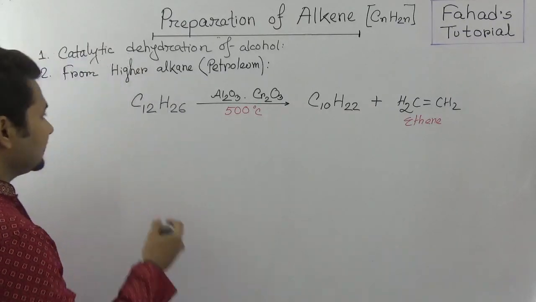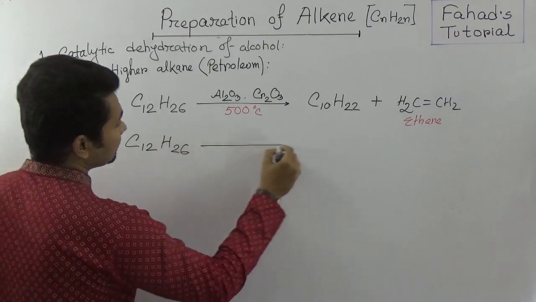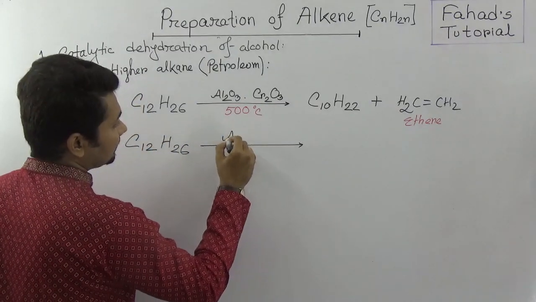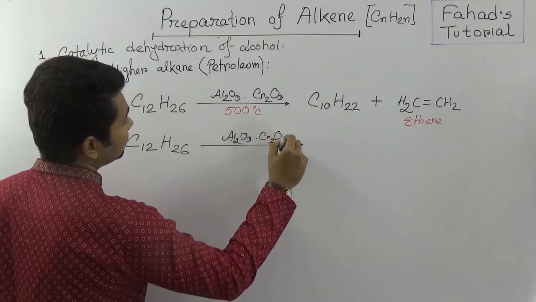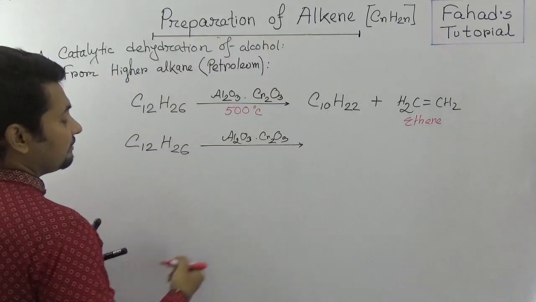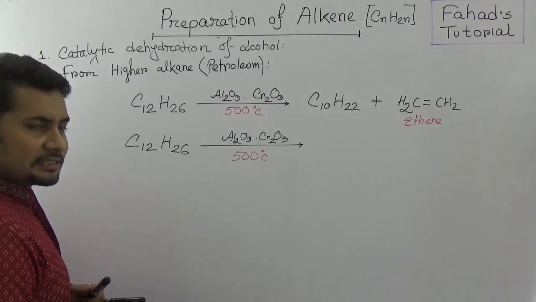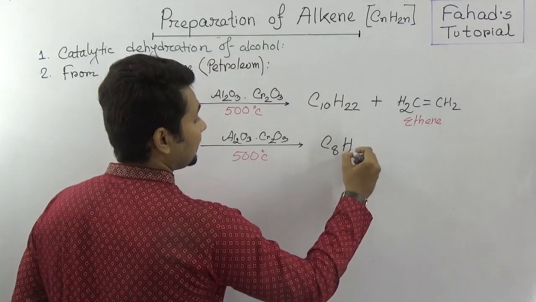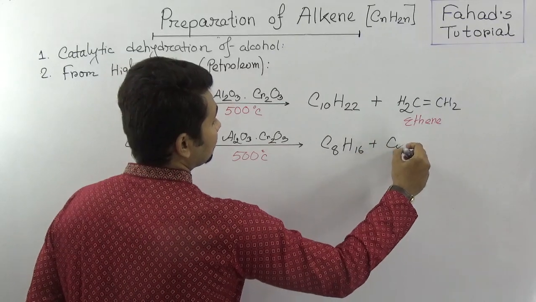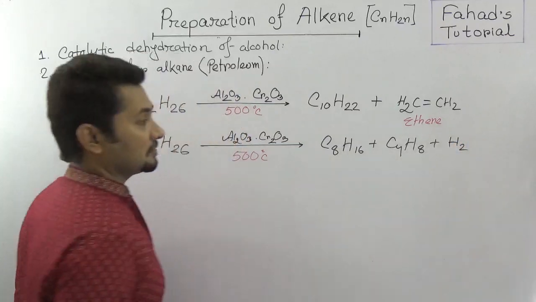In the other case, C12H26, also with aluminium oxide and chromium oxide in a similar way at 500 degrees Celsius, but the production is different: C8H16, C4H8, and hydrogen can be produced.